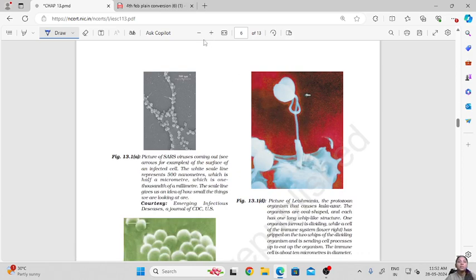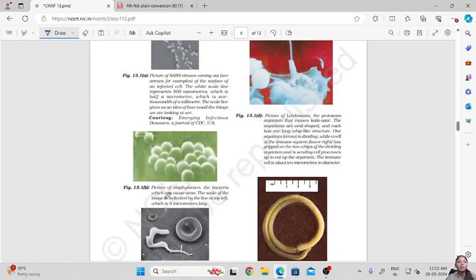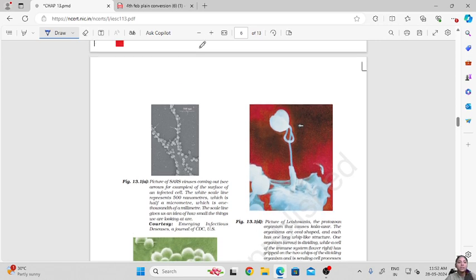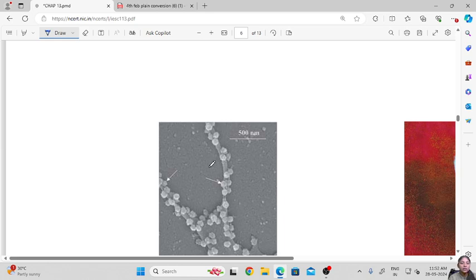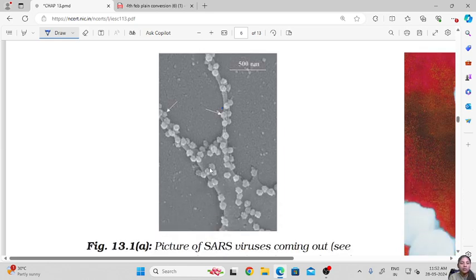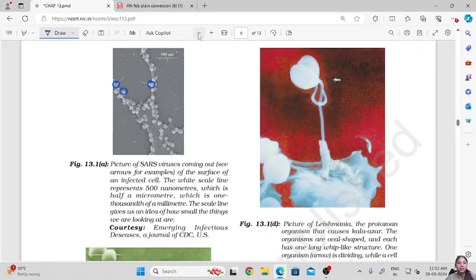Now here are some of the pictures of different infectious agents. Let us see. Now this is a picture of a SARS virus which is coming out of the surface of an infected cell. So here you can see the arrows are pointing to the virus. So all these are the virus cells.